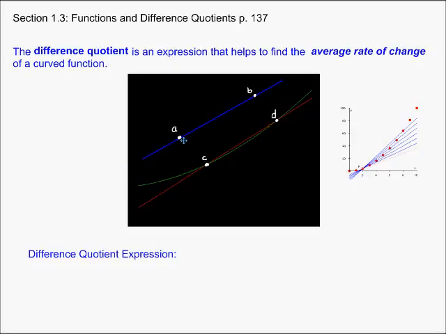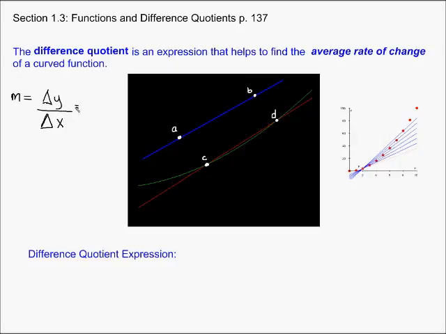If we were looking at solving the rate of change on the linear function, we would take our points A and B, and we would look at the slope of the line between A and B, and that would become our rate of change. So for the linear function, our rate of change would be the slope, and that is equal to the change in y over the change in x.